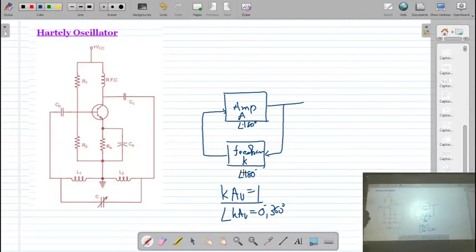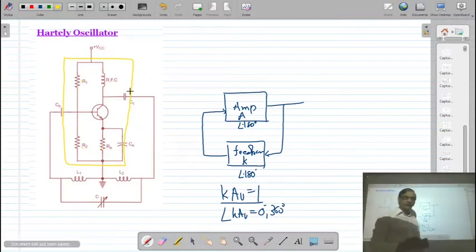Now if you look at this circuit diagram, this part is nothing but an amplifier circuit. It is simply a common emitter amplifier where the resistances R1, R2 and RE are providing proper bias to the transistor, and these two capacitors at the input and at the output are coupling capacitors.